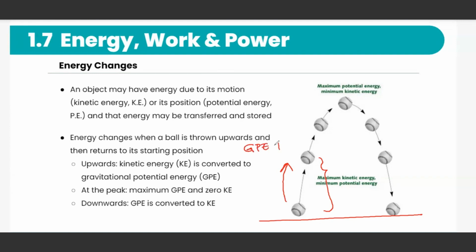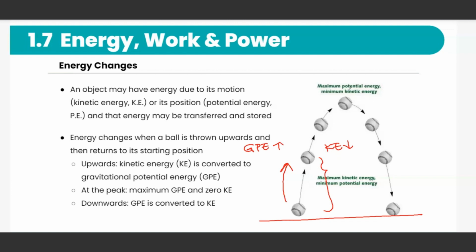Gravitational potential energy increased, the kinetic energy is decreasing. So what really happens is the maximum kinetic energy that was previously there has transferred or converted into gravitational potential energy when the ball is moving upwards.